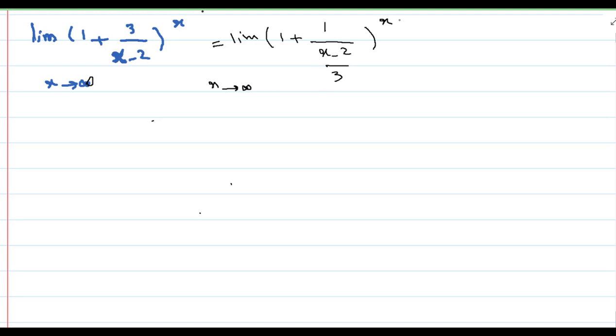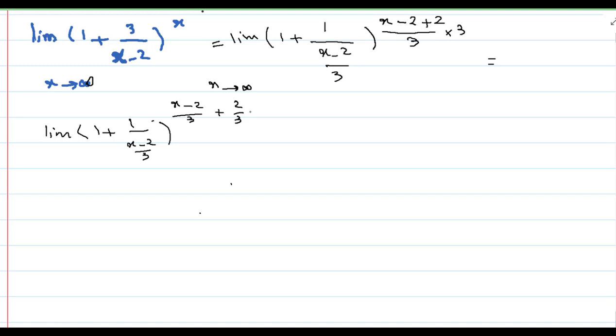I have to write minus 2 because I want to get this form, and I add 2 again over 3. I divide by 3 and multiply by 3. I write the limit of 1 plus 1 over (x minus 2)/3, to the power: I divide this part because I need (x minus 2)/3 plus 2/3, and all of this times 3, as x approaches infinity.